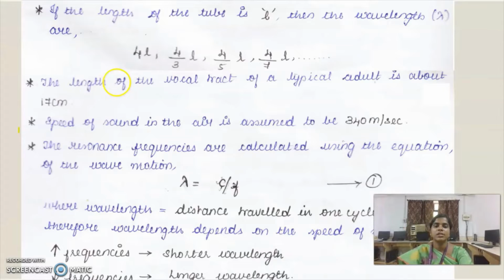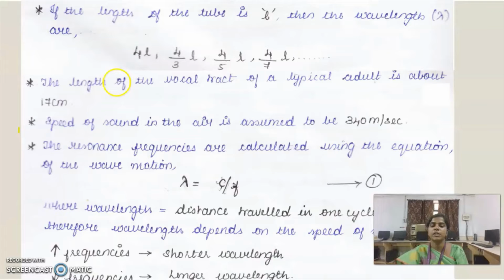It is incidental to know that a typical adult has a vocal tract about 17 centimeters long, and the speed of sound in air is 340 meters per second. To know the frequencies pertaining to this wavelength, we follow the relationship lambda = C/F.